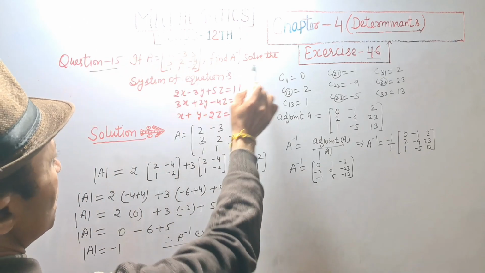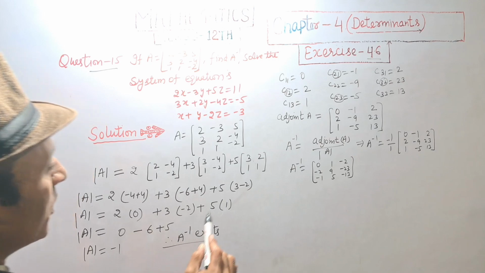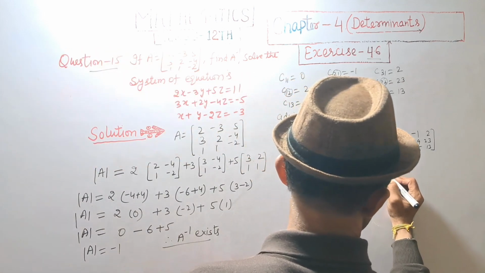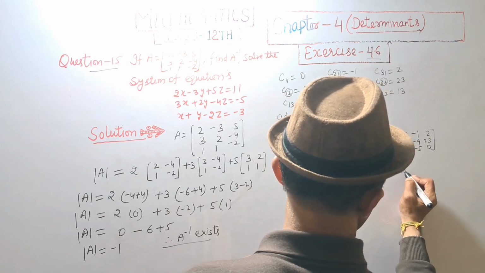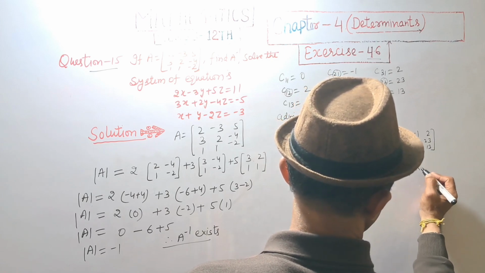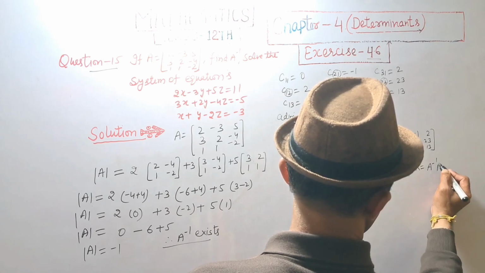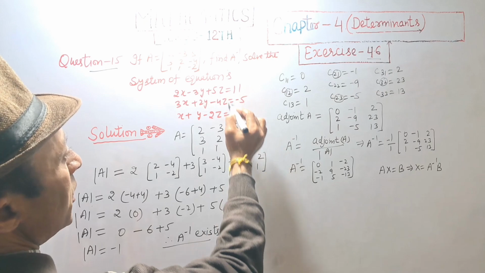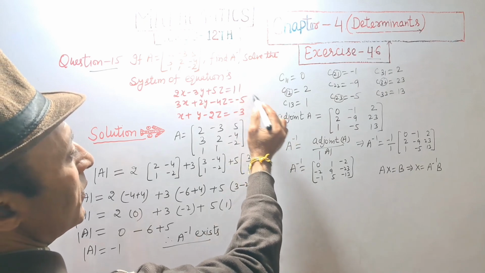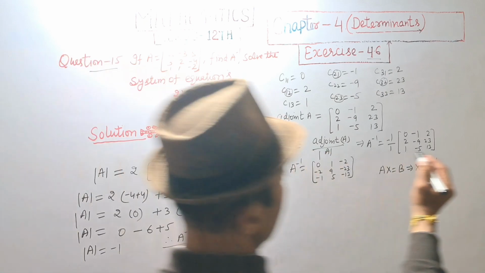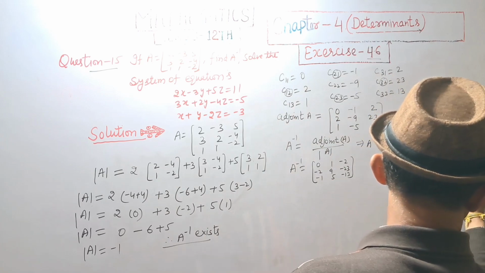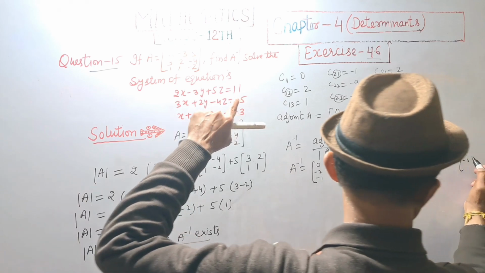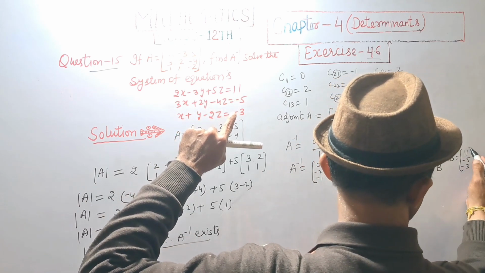And now solve the system of equations by matrix method. Ax is equal to b. This implies x is equal to A inverse of b. And b is the column 11, -5, -3.